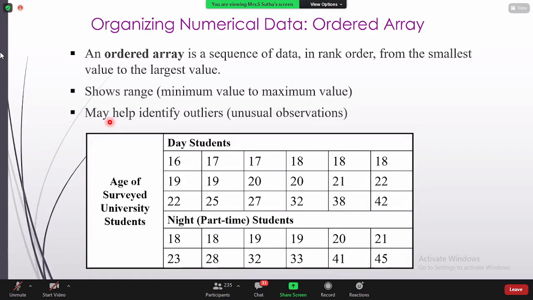Suppose, for example, when we are looking at the salaries of the employees, say that most of the employees are earning a salary from 30,000 to 50,000. But only very few employees have salaries of around 300,000.